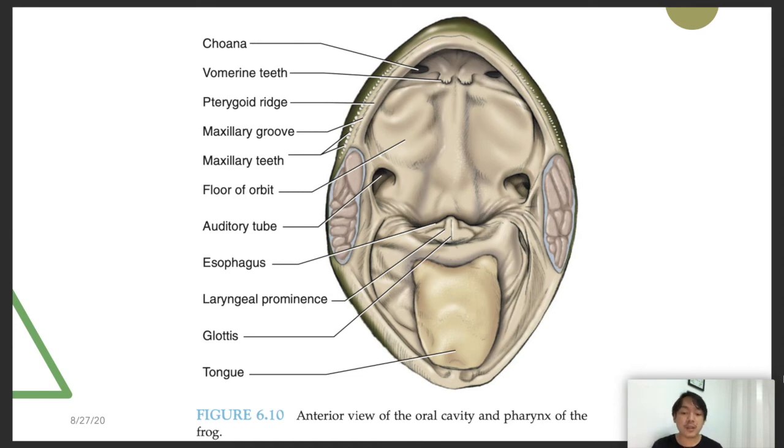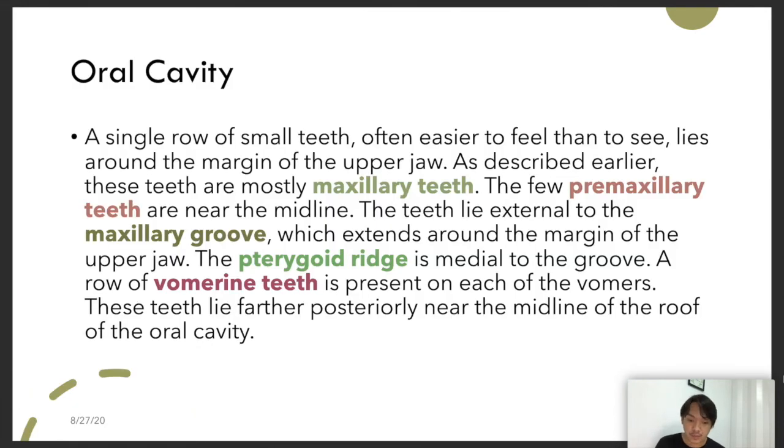The teeth lie external to the maxillary groove, which extends around the margin of the upper jaw, and the pterygoid ridge is medial to the groove. A row of vomerine teeth is present on each of the vomers, and these teeth lie farther posteriorly, near the midline of the roof of the oral cavity.